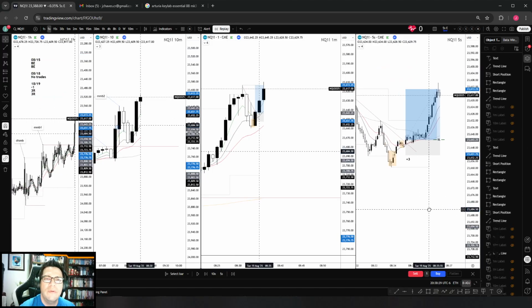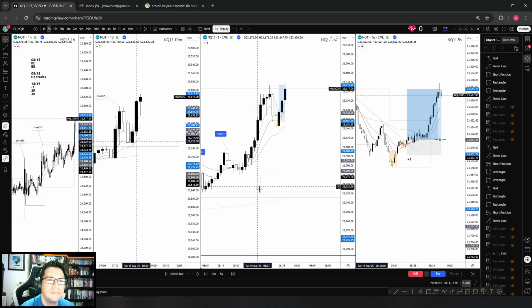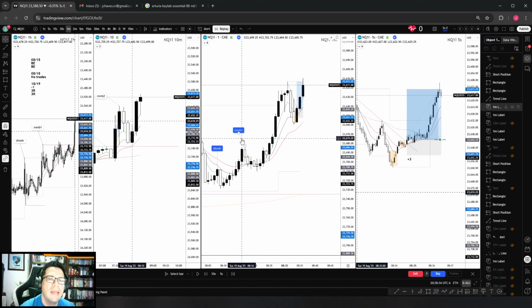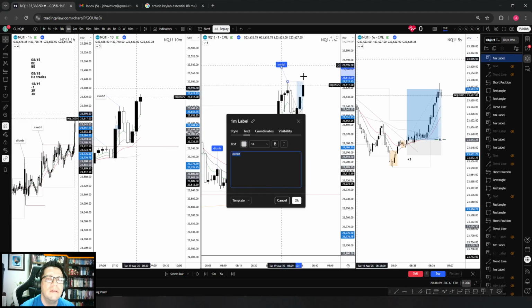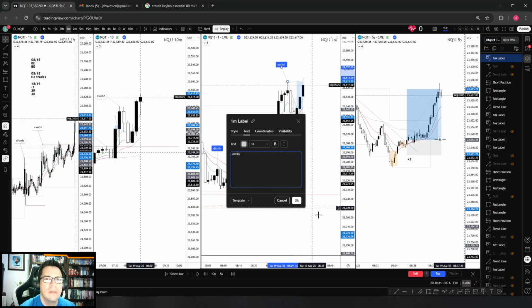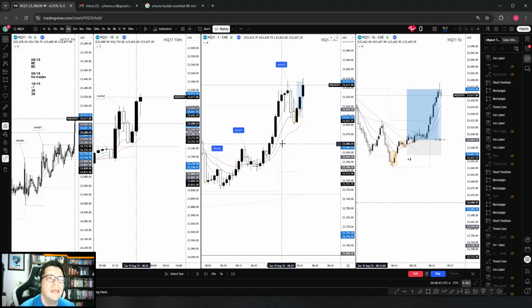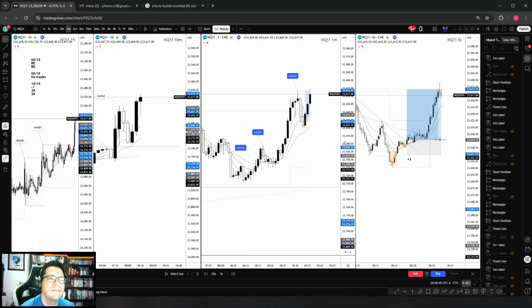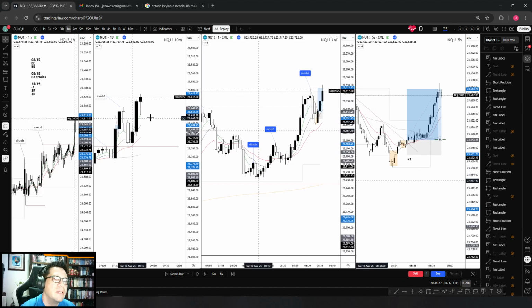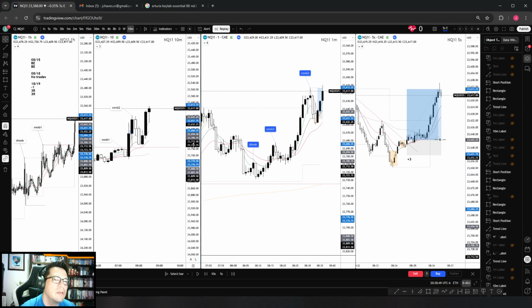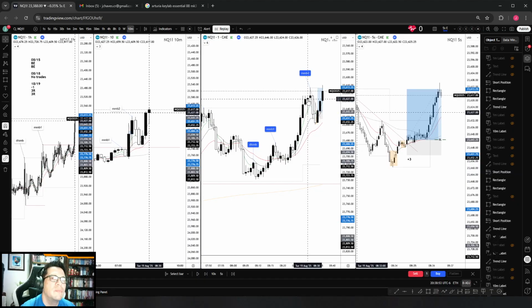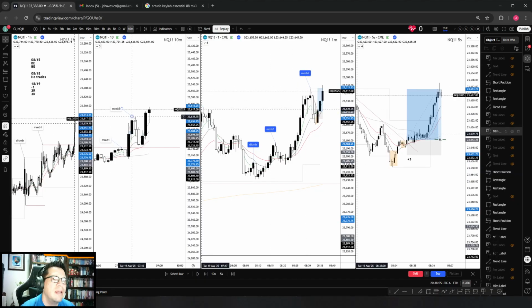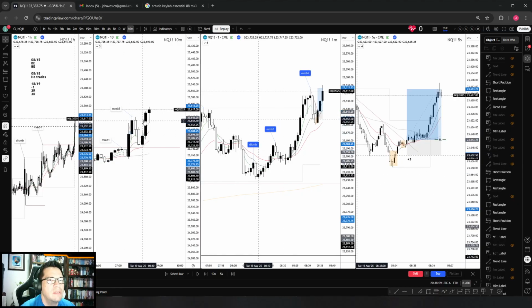Just a quick recap: we had basically MMB2 developing from this high here. At this time, if we take a look at our context, we had this move here, price closed on this candle above this high, so we had MMB2 validated on the context time frame.